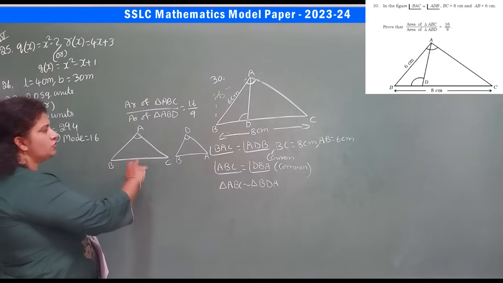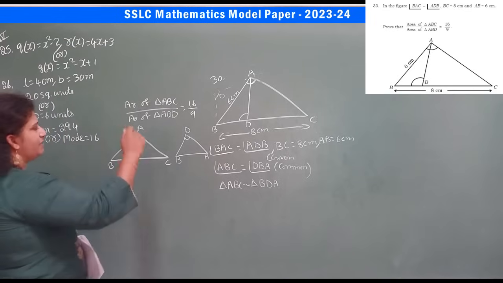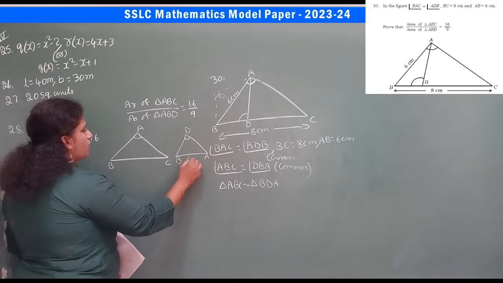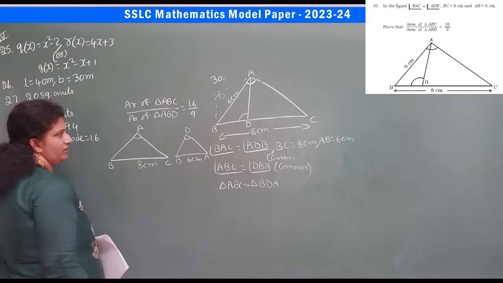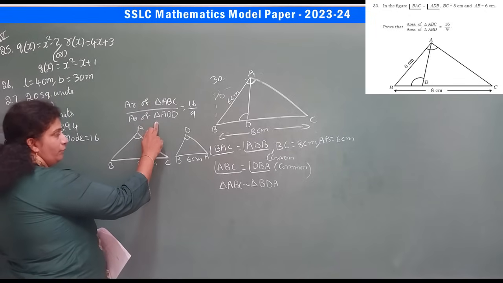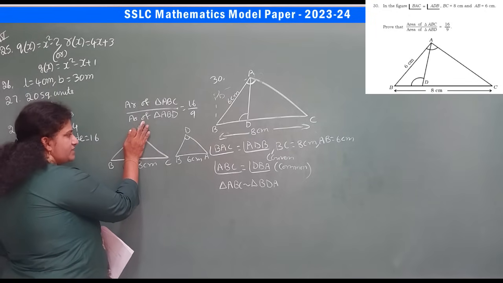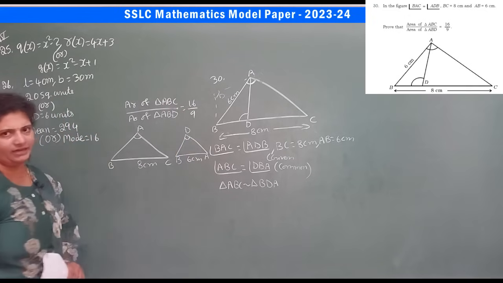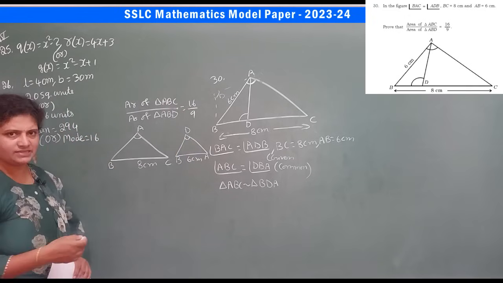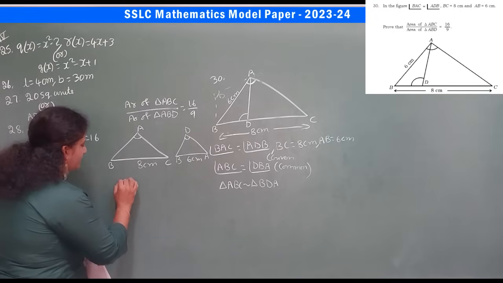Now, these two triangles are similar and something is given here. BA is 6 cm and BC is 8 cm. We need to prove the area of this triangle by area of this triangle is equal to 16 by 9. These two triangles are similar. Apply area theorem.